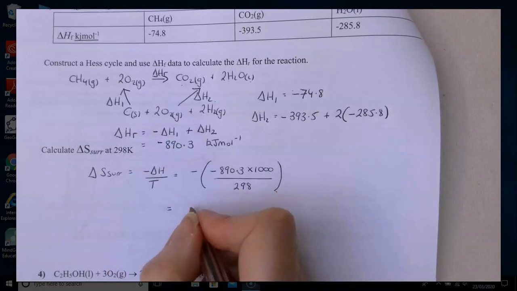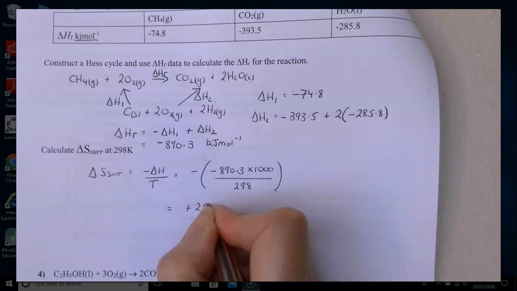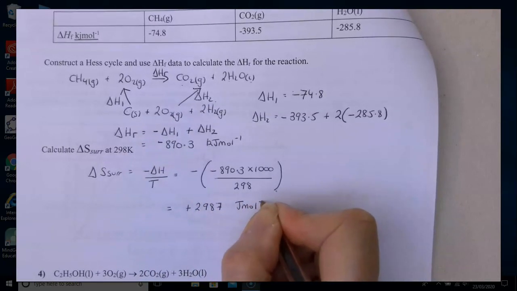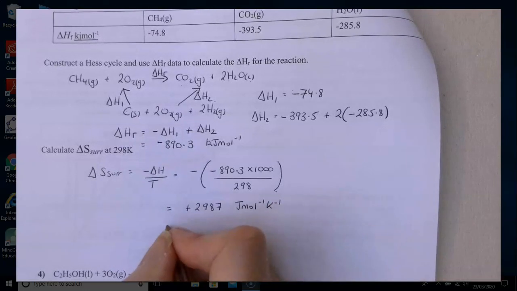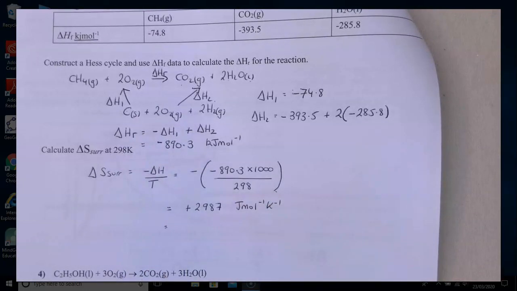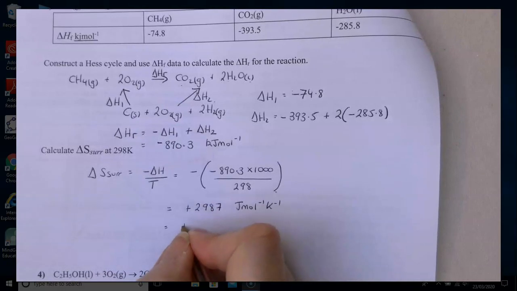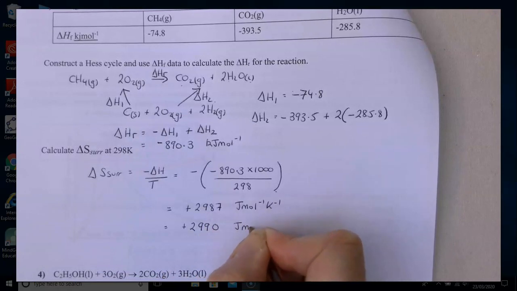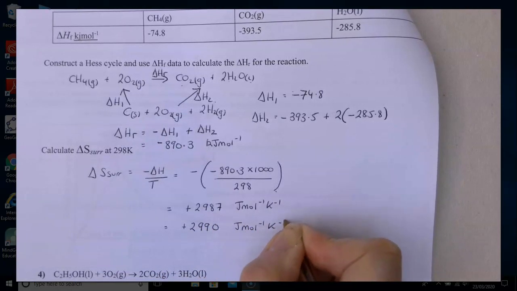And I get that equal to plus 2987 joules per mole per Kelvin. Again, I don't really want to leave it as 4 sig figs. I'd rather have it as 3. So that's 2990 joules mole minus 1 K to the minus 1.